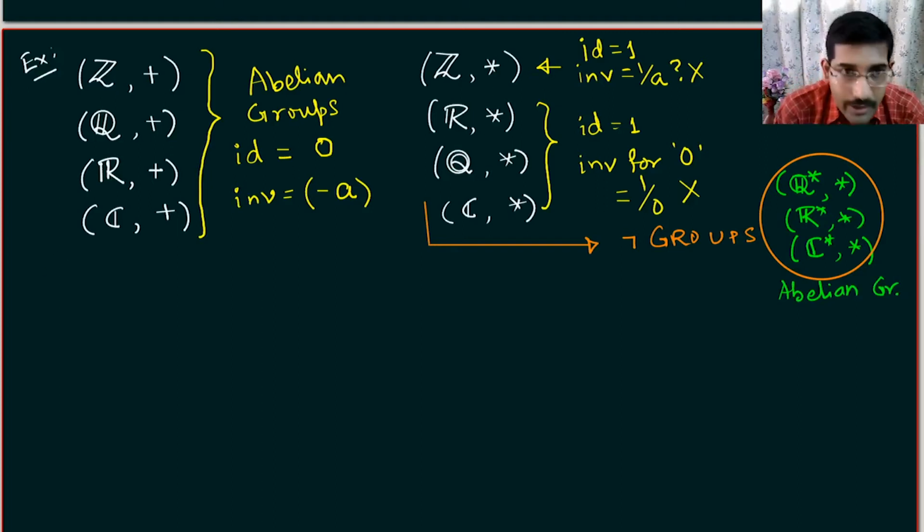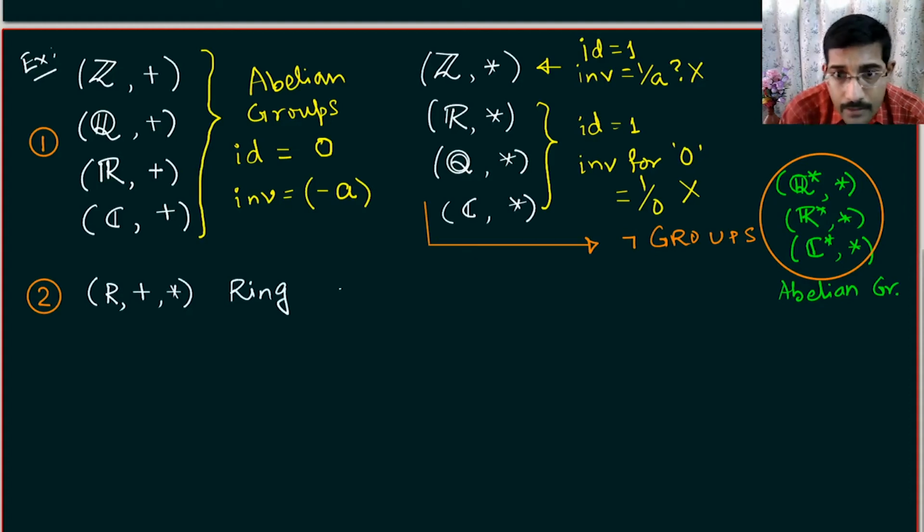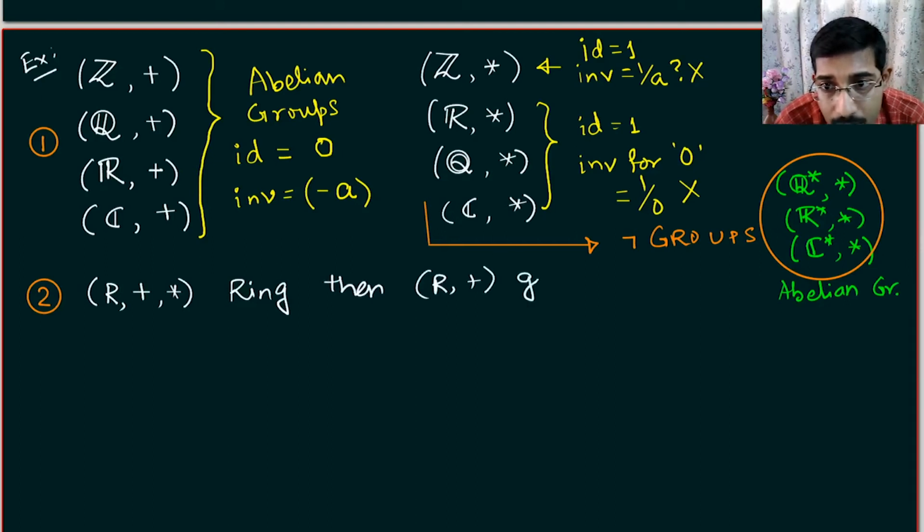Now more interesting examples you can find for the groups: this is one kind of example that we did. The more interesting example of groups you can find here, where if R, plus, star is a ring, then your R plus is a group.